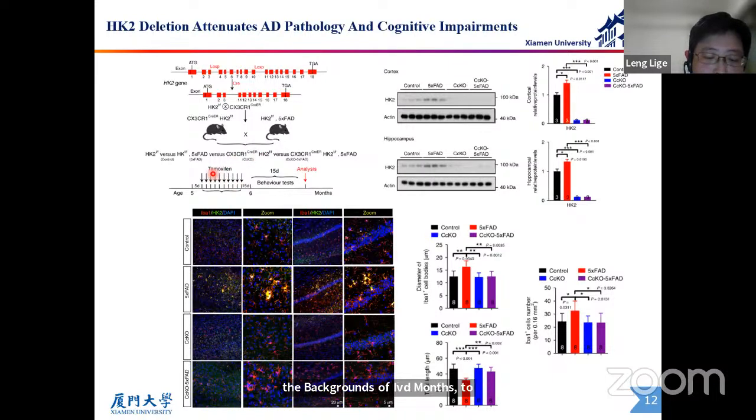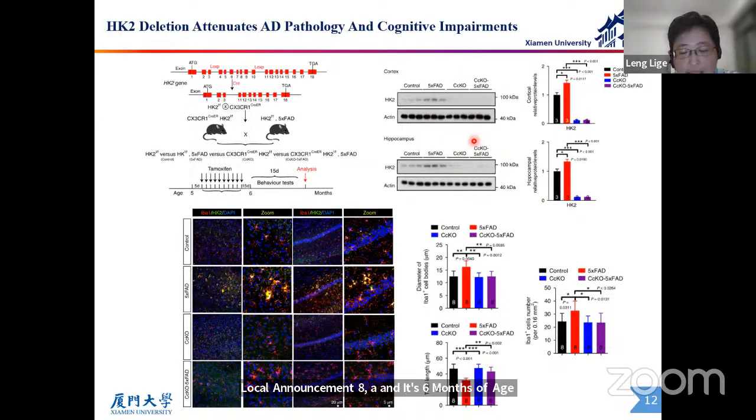Intragastric administration of 20 milligrams of tamoxifen was performed in mice at 5 months of age for 10 consecutive days, followed by behavioral and pathological analysis at 6 months of age.